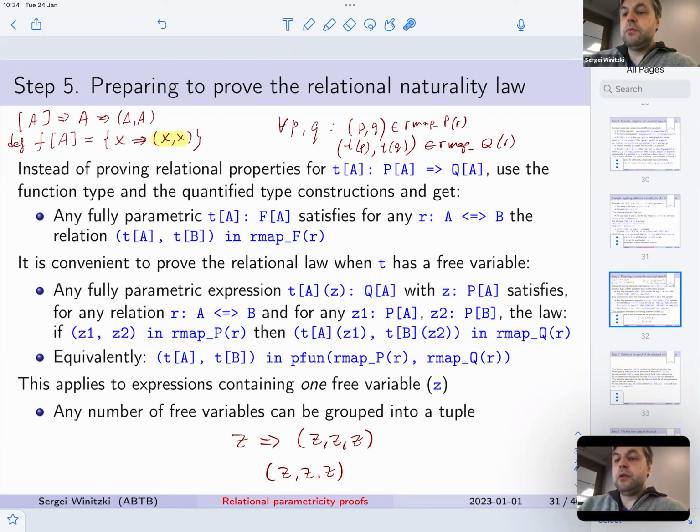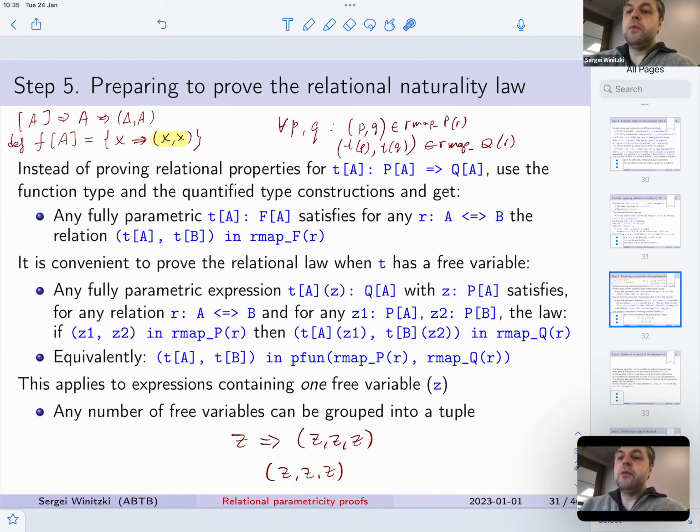And so when we apply to Z, then we are in the right-hand side of this law, so to speak. So we're here. So that's why the relational law can be reformulated like this. And that's equivalent if you think that T is a function equivalent to this expression.